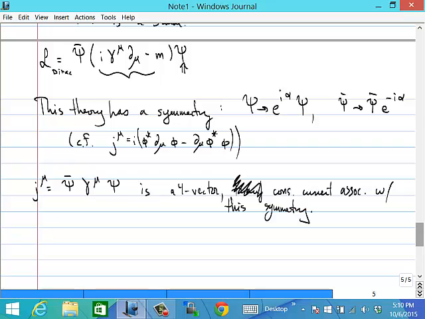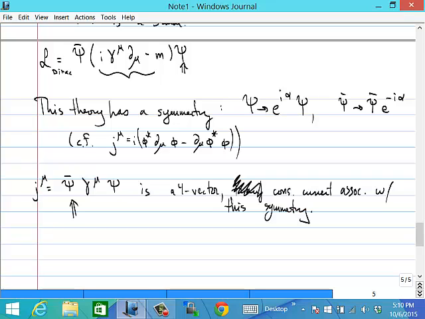And this quantity that we've written here is the charge and current density associated with this electron field psi. When we quantize the theory, this will turn into some collection of raising and lowering operators, which will measure the charge of some configuration of positrons and electrons.